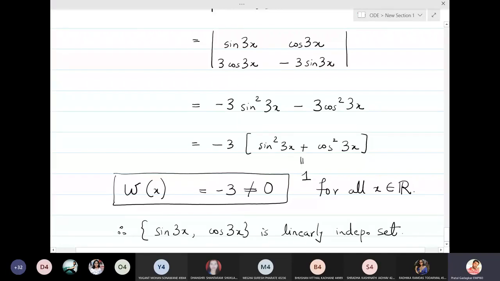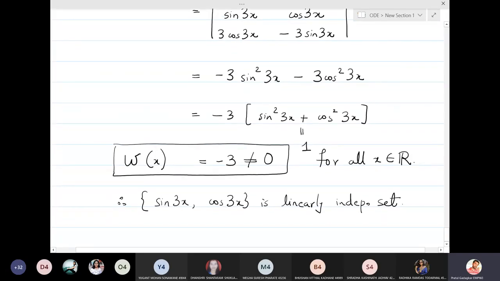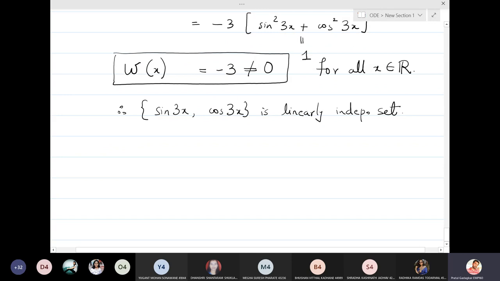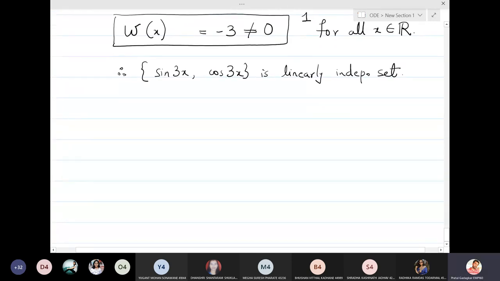Okay, now instead of taking two functions, let us take three functions. In this case the determinant will be of size 3 by 3. So let me write the question.